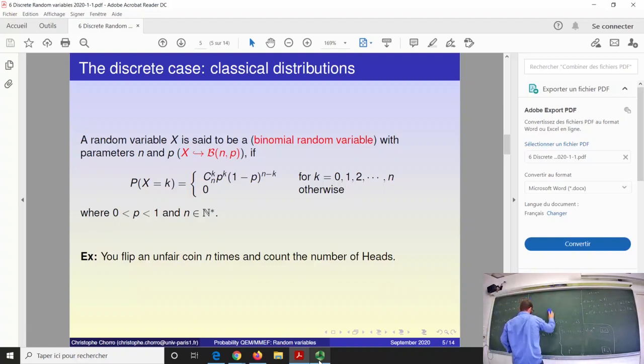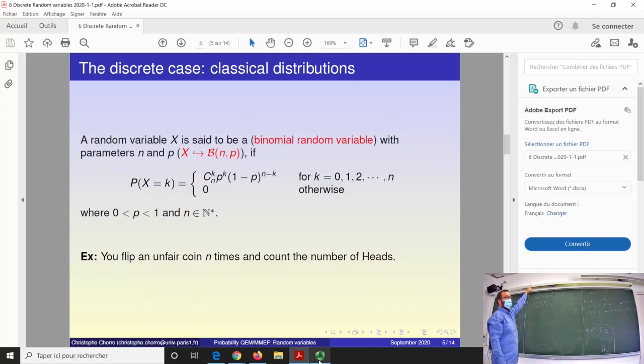So now I use my induction hypothesis to say that I have C(n minus 1, k) p to the power k, 1 minus p to the power n minus 1 minus k, multiplied by this term that is 1 minus p, plus C(n minus 1, k minus 1) p to the power k minus 1, 1 minus p to the power what?